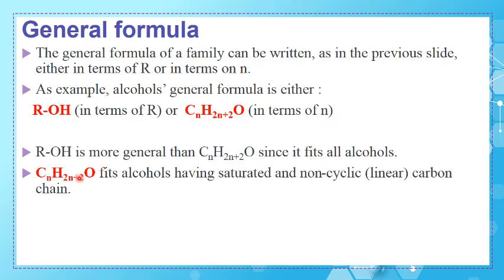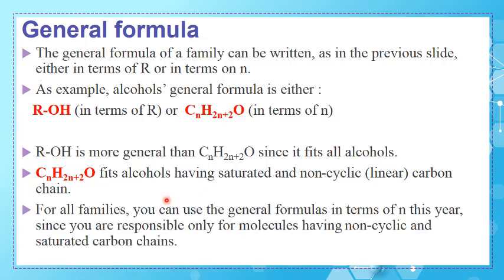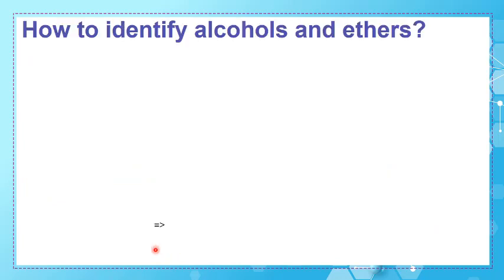But CnH2n+2O fits alcohols having saturated chains, it means all bonds are single covalent bonds, and non-cyclic, it means linear carbon chain. Here, for all families, you can use the general formulas in terms of n, since you are responsible only for molecules having non-cyclic and saturated carbon chains.